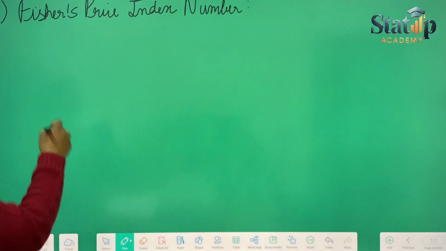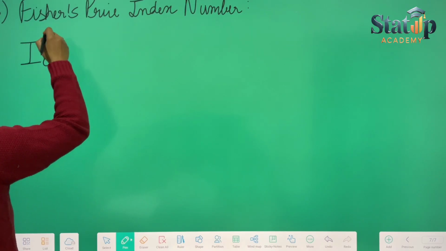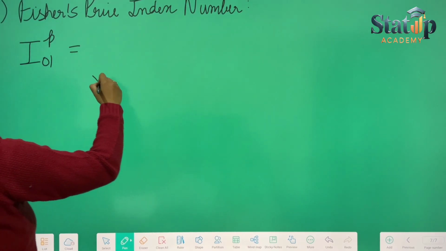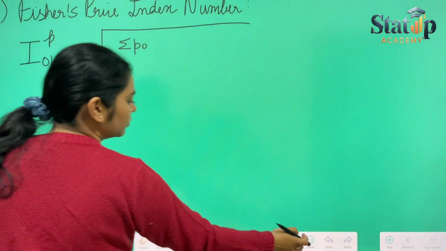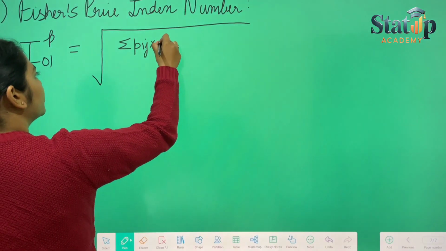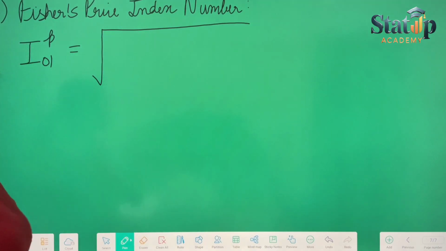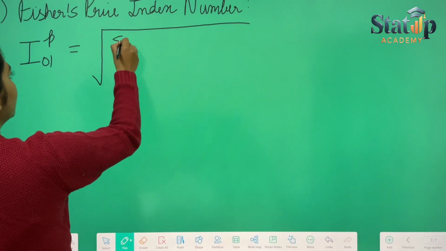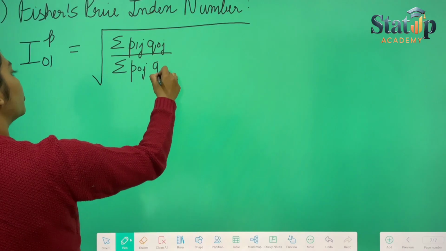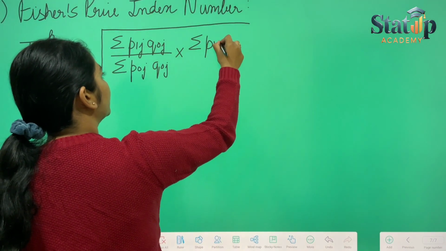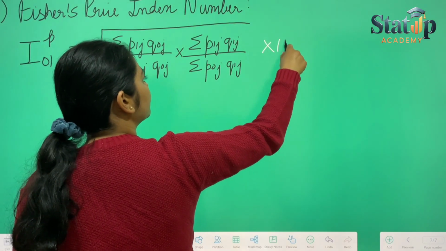We know that Fisher is nothing but under root of the multiplication of Laspeyres and Paasche. So I01p can be written as under root of summation p1j into q0j upon summation p0j into q0j, multiplied by summation p1j q1j upon summation p0j into q1j, multiplied by 100. This we can ignore again.